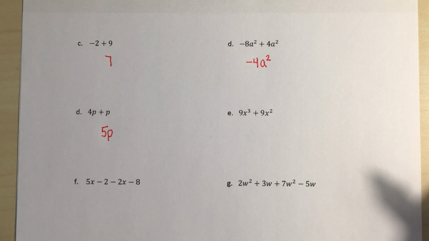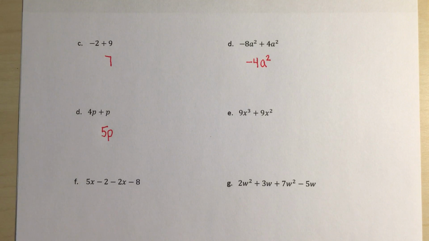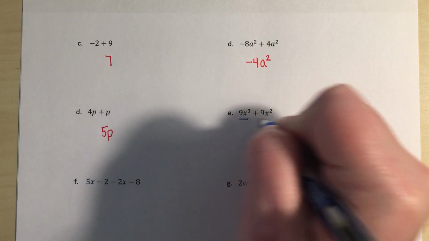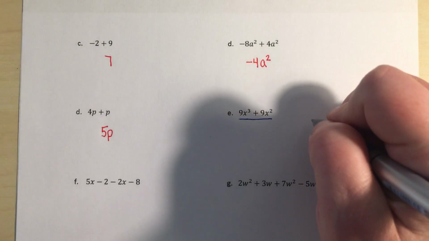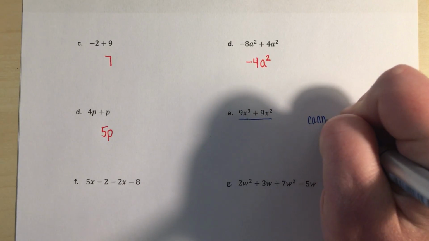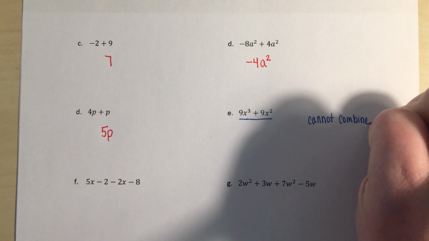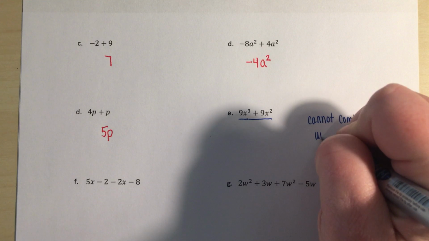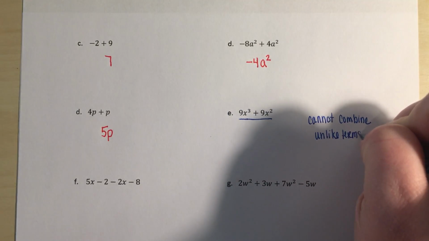All right, looking at E, 9x cubed plus 9x squared. Notice that these two terms here are not like terms. We cannot combine unlike terms.